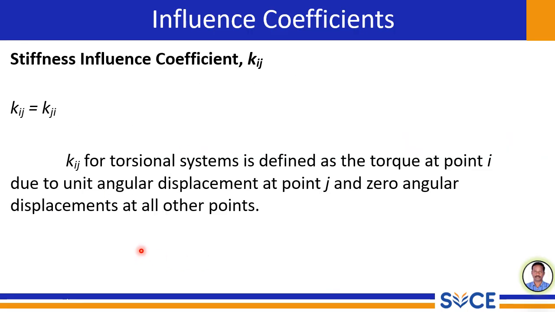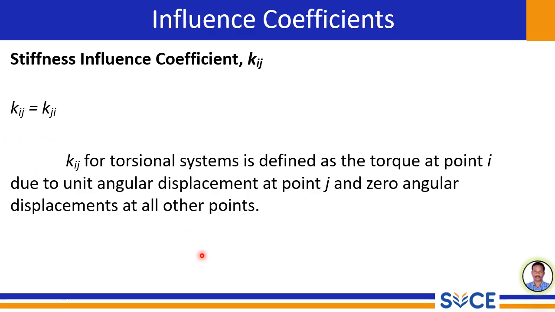Continuing our discussion on stiffness influence coefficients, this slide highlights two important aspects. Firstly, a key property of the stiffness influence coefficient matrix is that it is symmetrical. This means that the stiffness influence coefficient Kij equals Kji.